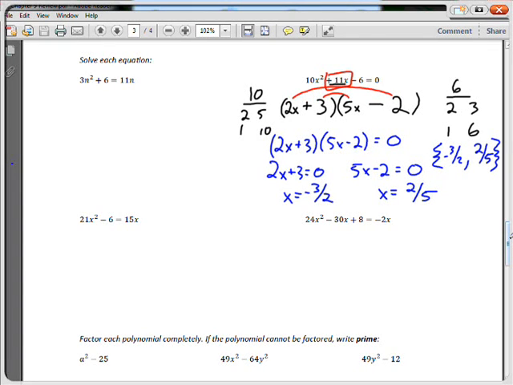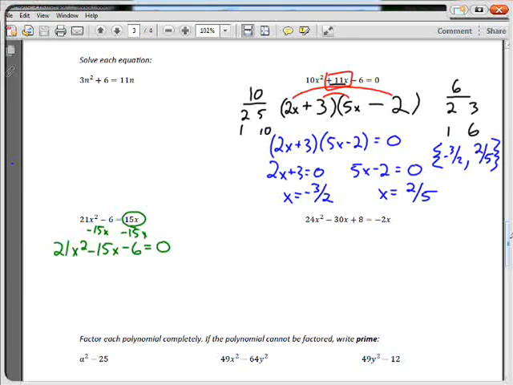On the next one, I need to get 0 on this side, so I subtract 15x on both sides. I'll be left with 21x squared minus 15x minus 6 equals 0. Now remember, the first rule in factoring is always factor out a common term first.